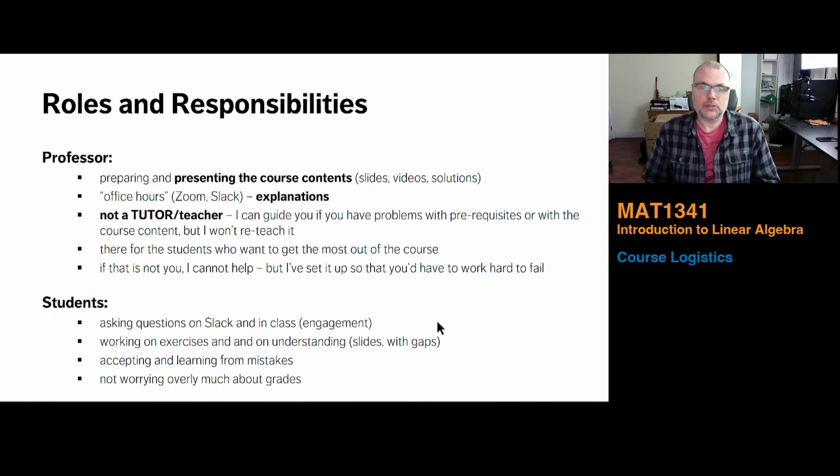All the students that don't care are also allowed to be in the classes, and they're also allowed to get grades and passing grades, presumably. So I can't help you if you're not somebody who wants to get the most out of the course. But I've set things up in such a way that you'd have to work pretty hard to fail the course.